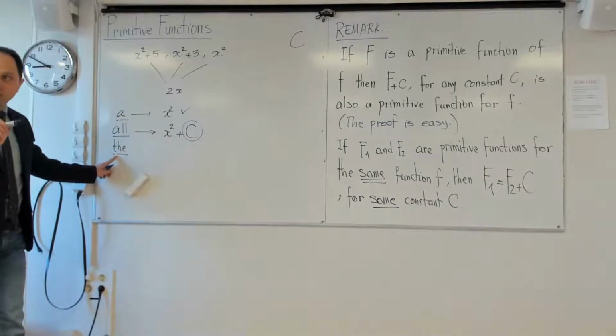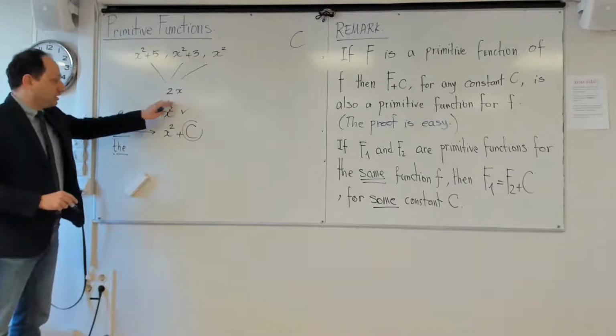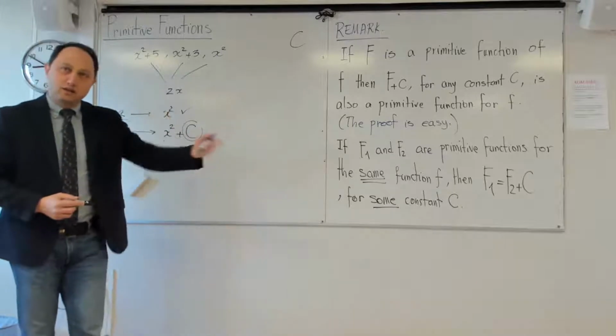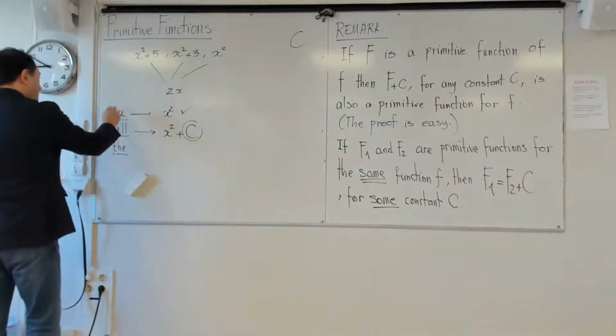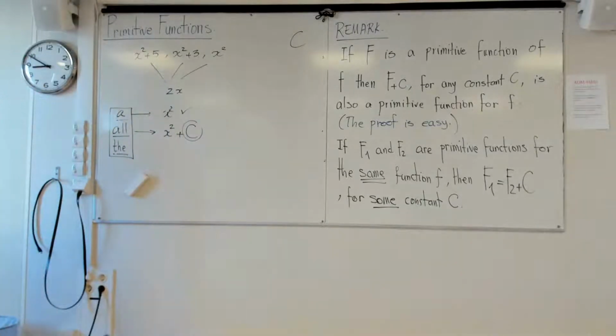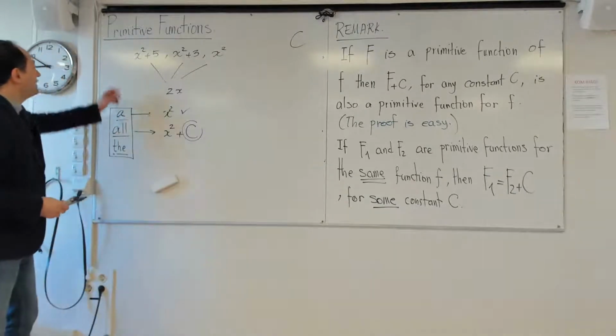It means that unique one, which is not only the primitive function for my function, but also satisfies another condition. So please appreciate these words when you are dealing with primitive functions. Okay, so is that understandable? Yes, is that clear?